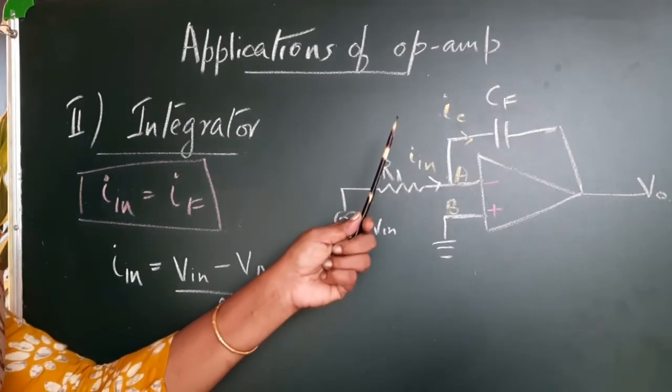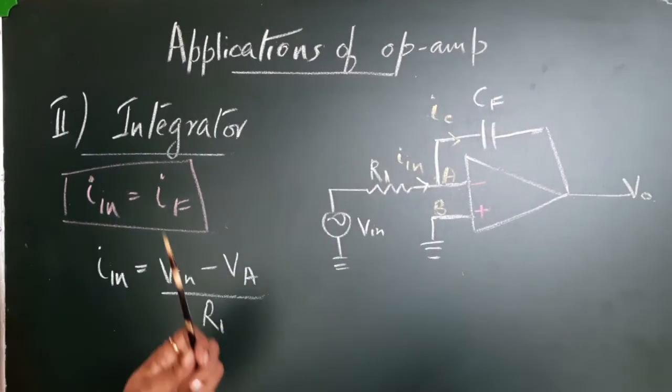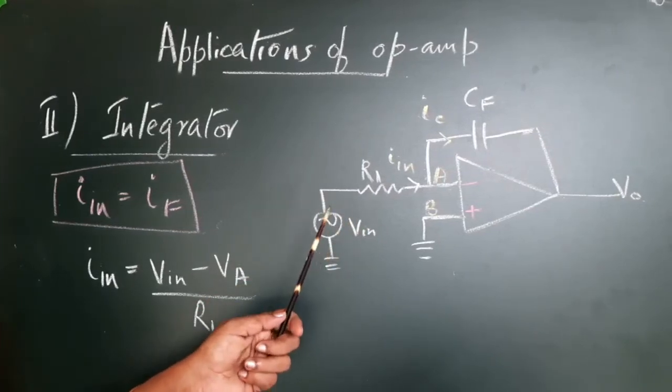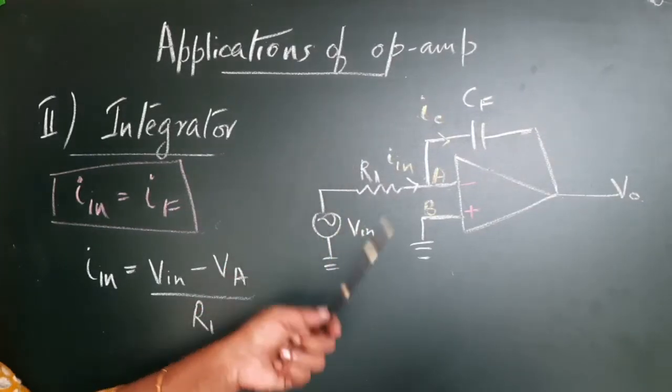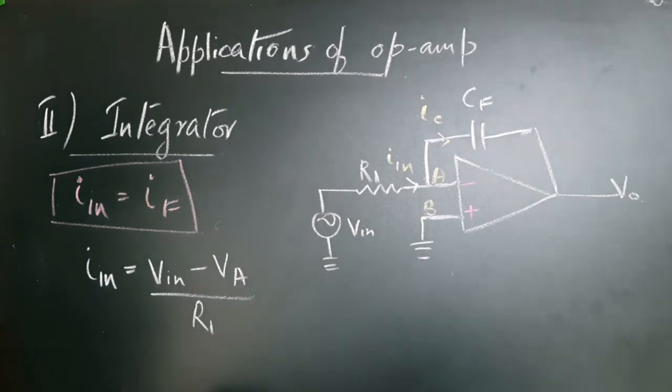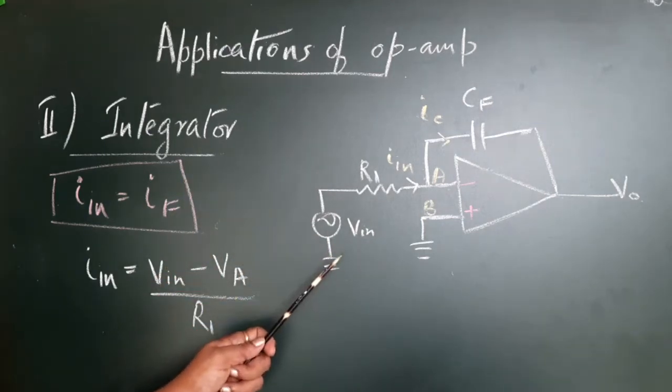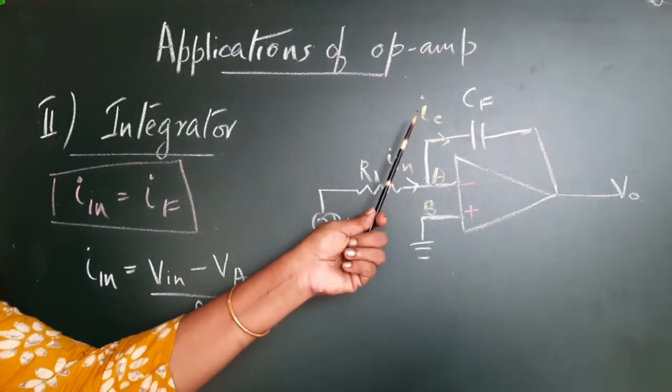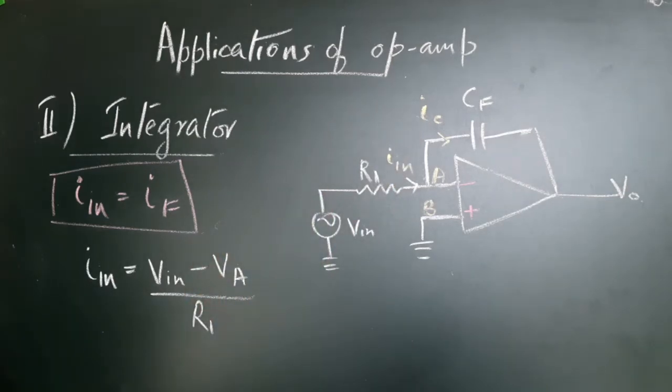I have replaced the capital letter I with the small letter because you know that in the case of integration, the signal will definitely be a varying signal or an AC signal. That is why small letter i has been used.